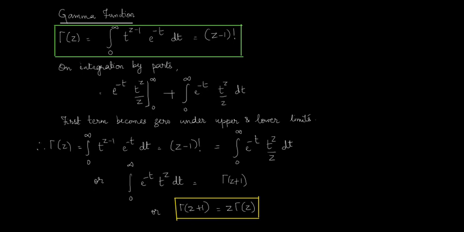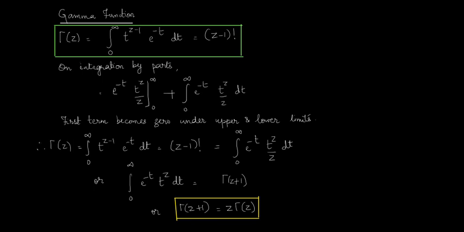Now let's see what we get when we integrate this integral. You take e raised to minus t as the first function, you integrate the second. When you integrate t raised to z minus 1, you get t raised to z minus 1 plus 1 divided by z minus 1 plus 1. That's what we have, t raised to z by z. All this within the limits 0 to infinity.